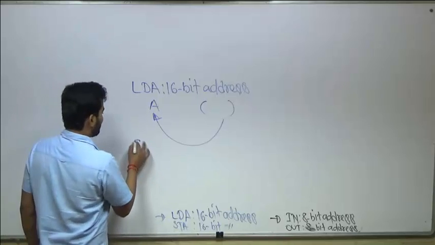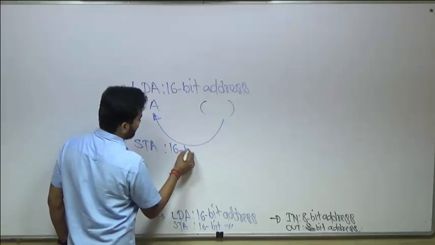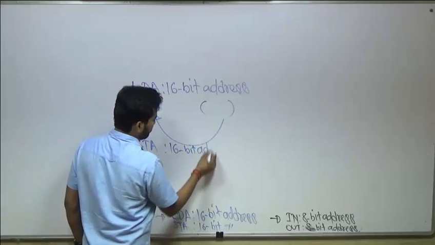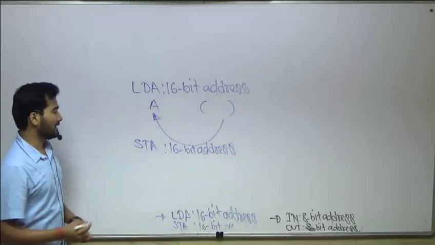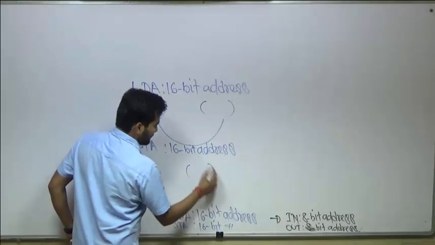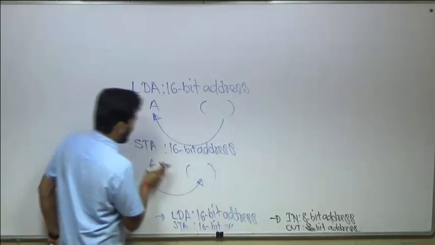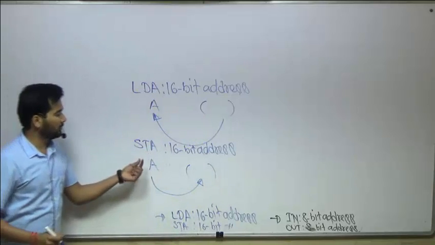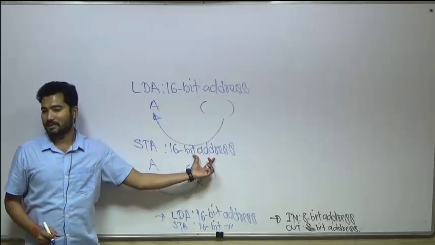Now, the second one, store accumulator 16-bit address. Here, at this 16-bit address, we store the content of the accumulator. That is, the accumulator content is placed at the location mentioned by this 16-bit address.